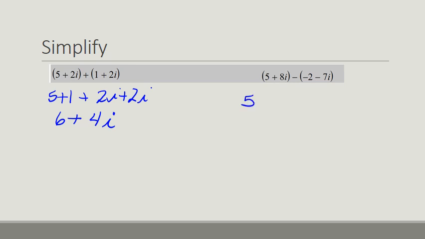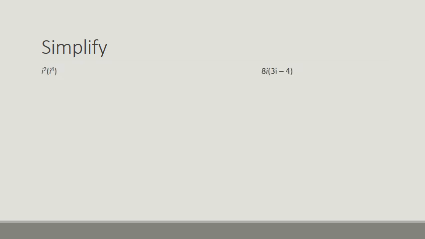So you get 5 minus a -2 plus 8i minus a -7i. So 5 plus 2 is 7, plus 8i plus 7i is 15i. And that's as far as we can go with simplifying for adding and subtracting.